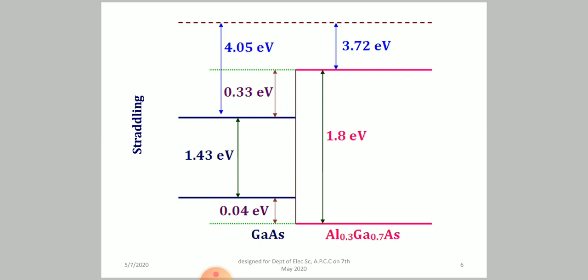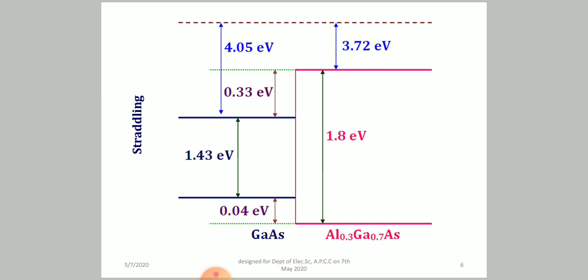Simple. So if delta chi, that means the difference of the electron affinity, is 0.33 electron volt, then delta EC, that is the difference of the conduction band, is also 0.33 electron volt. Very simple calculation from the structure.